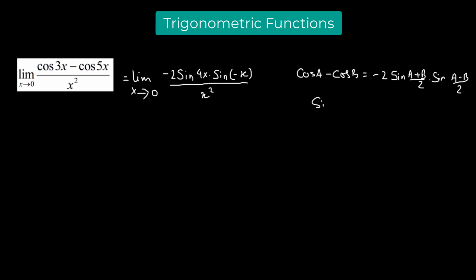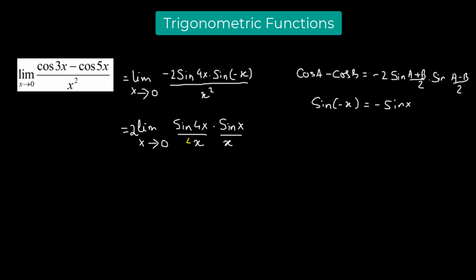Now we know sin of negative x is equal to negative sin of x, so that takes care of the negative sign. So as x tends to 0, we can take the 2 in front. So we have sin 4x times sin x divided by x times x. Now we are going to multiply the denominator, which is x, by 4, and also multiply by 4.